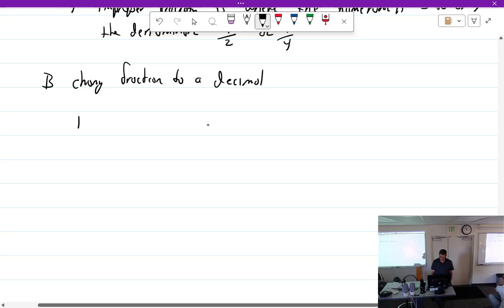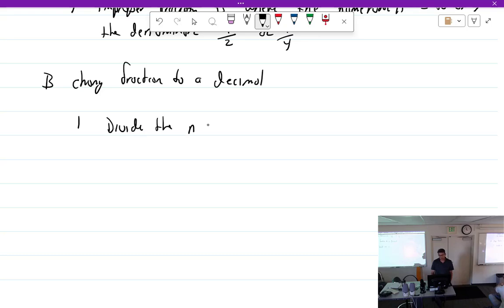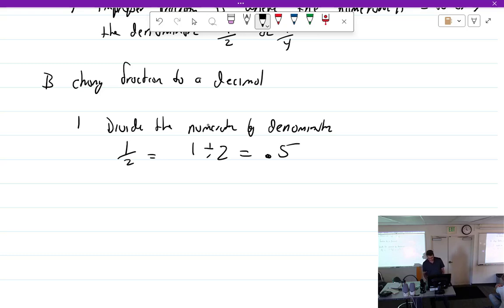Rule 1: divide the numerator by the denominator. Just like we said, 1/2. The fraction equivalent is 1 divided by 2 equals 0.5. So we just changed it into a decimal.